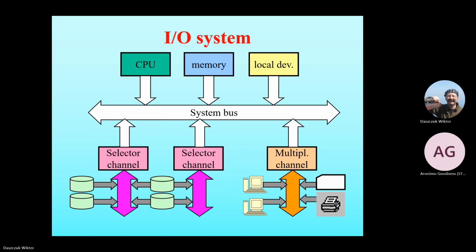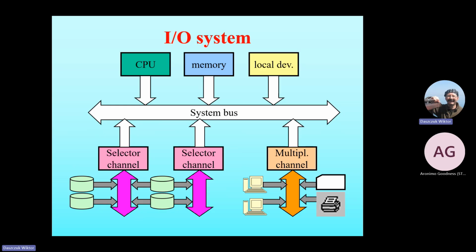Surprisingly, modern computers are close to this scheme. For example, USB channels act like multiplexer channels, and DMA acts like selector channels.